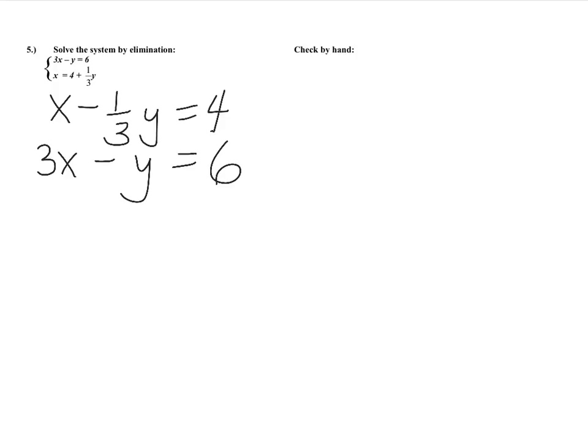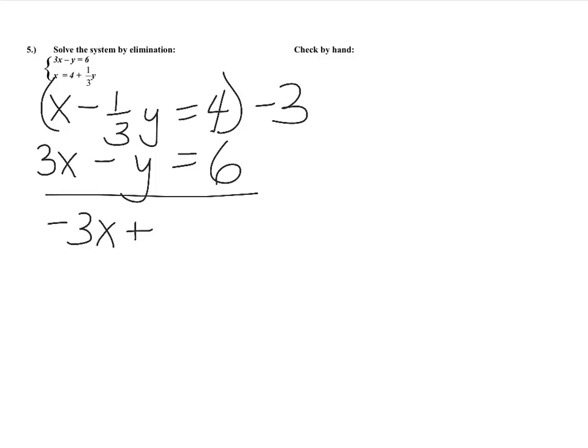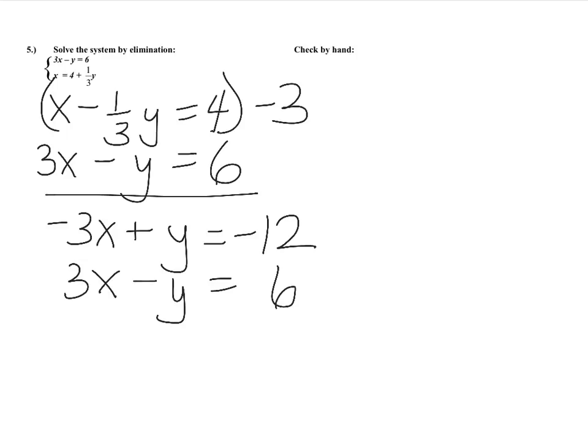So we're going to multiply this whole top by negative 3. Sound good? So multiply everything. On the top, I'm going to get negative 3x plus, well, 1/3 of 3 is 1, so I'm going to get y equals negative 12. The bottom, I'm going to get 3x minus y equals 6.